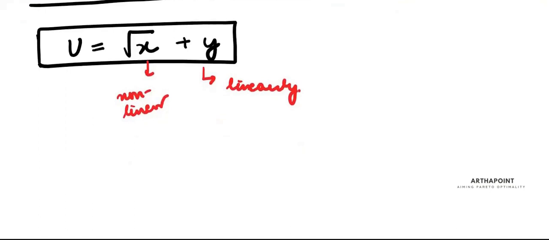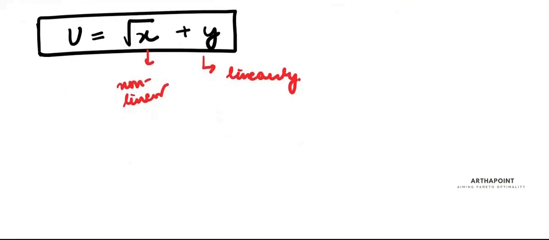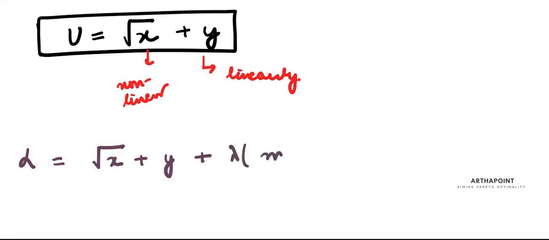So what I'm going to do is step 1, I will again go ahead and solve using Lagrange. So I form a Lagrange and I say that my utility that I have to maximize is root x plus y, and my constraint is my usual budget constraint, so plus lambda into m minus px into x minus py into y.